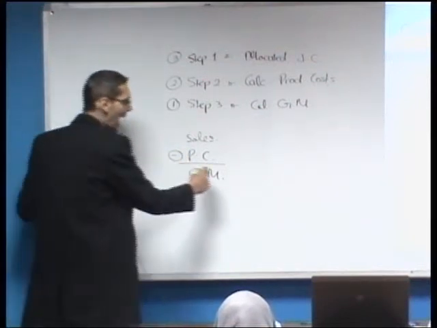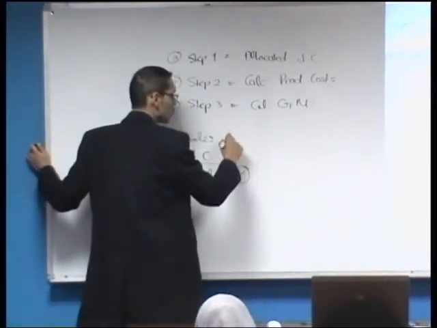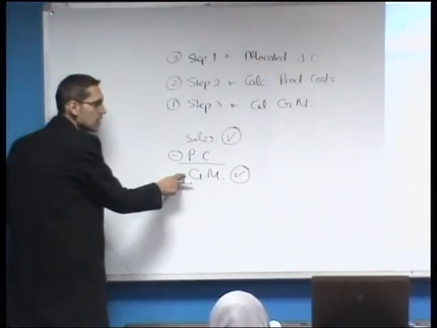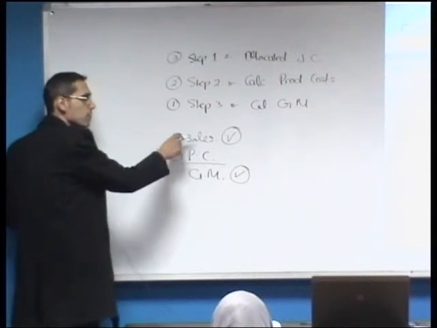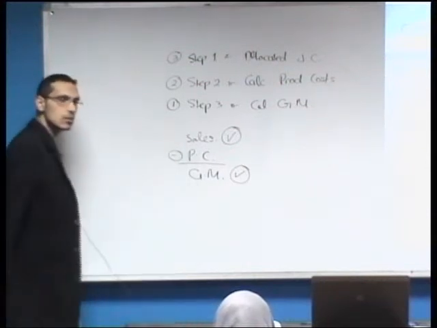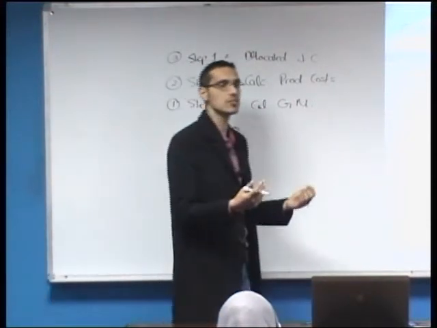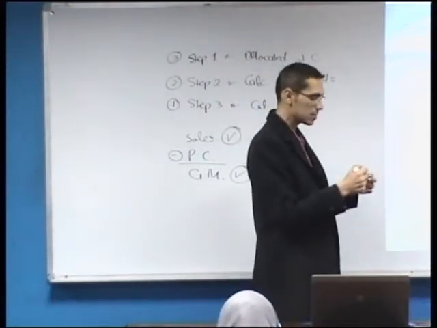But if we have the gross margin and the sales and we do not have the production cost, of course we can deduct the gross margin from the sales in order to get the production cost, which is the method that we are going to use in this case.